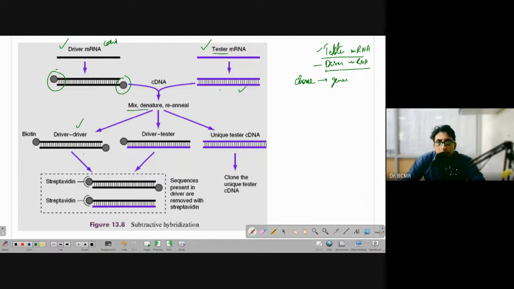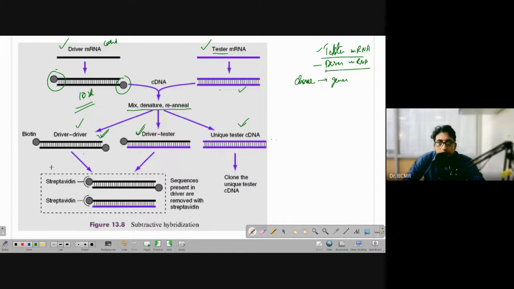Now we'll mix them, denature and reanneal, and we will also take 10x or higher concentration of the driver. So we will increase the population of these. Whichever are common genes will form tester and driver hybrids, or driver and driver, because we are taking the driver in higher concentration. The unique ones, those that do not have a counterpart in the driver, will reanneal as tester cDNA.